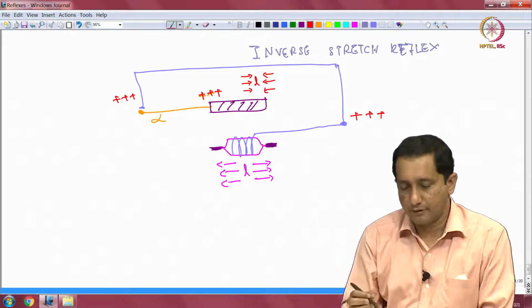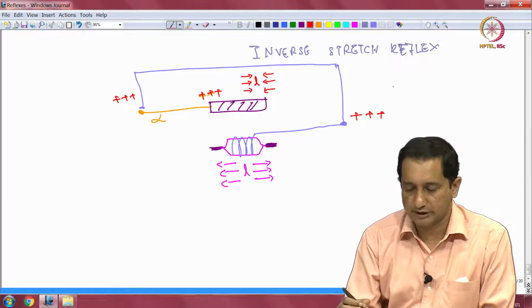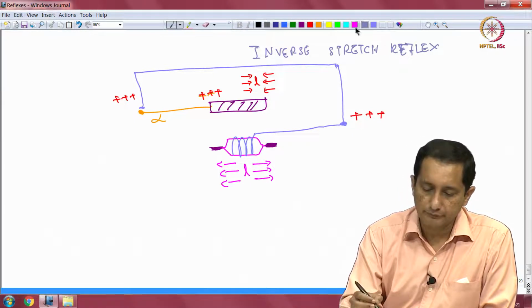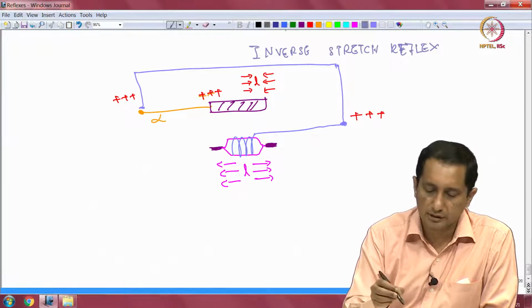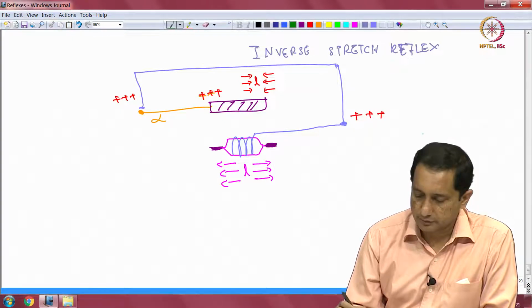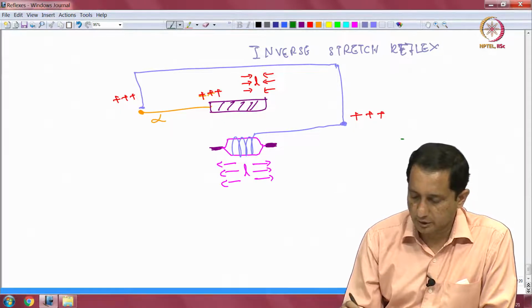So, both these muscle fibers are in a different color. Green are connected to something called the Golgi tendon organ.